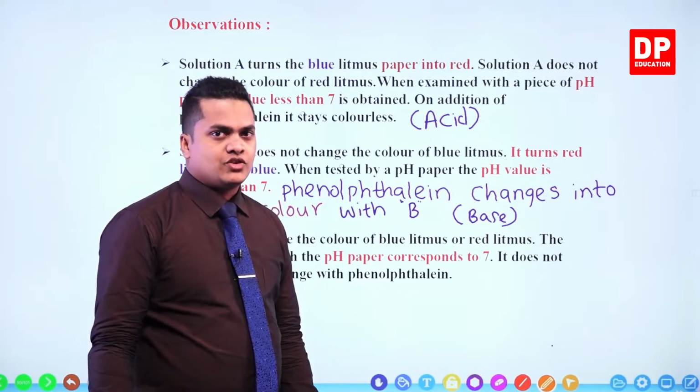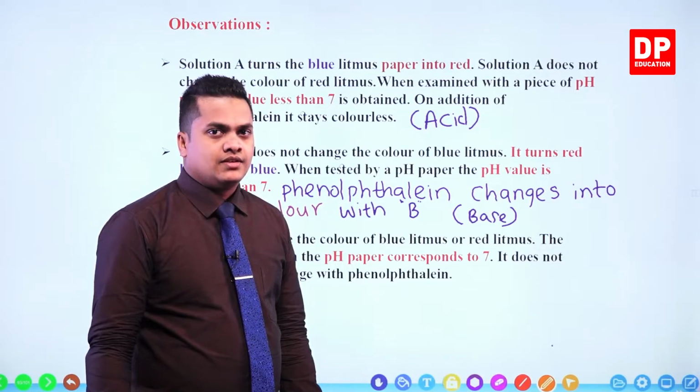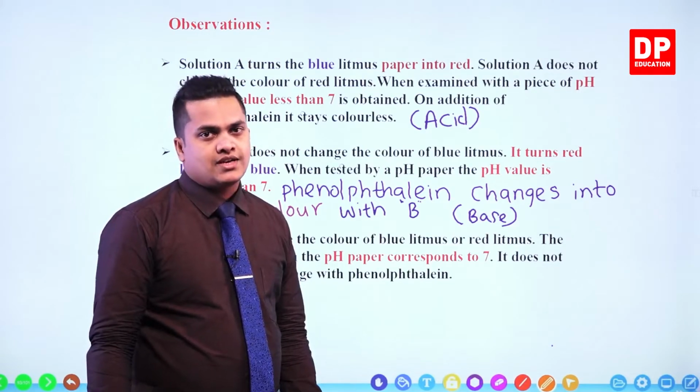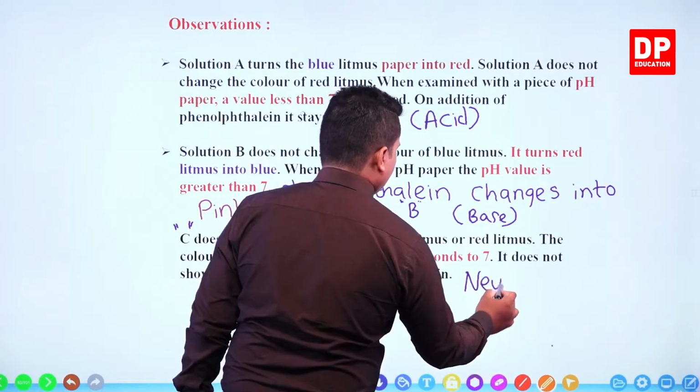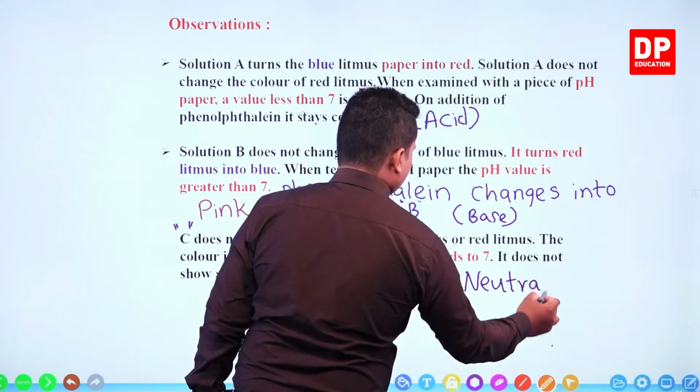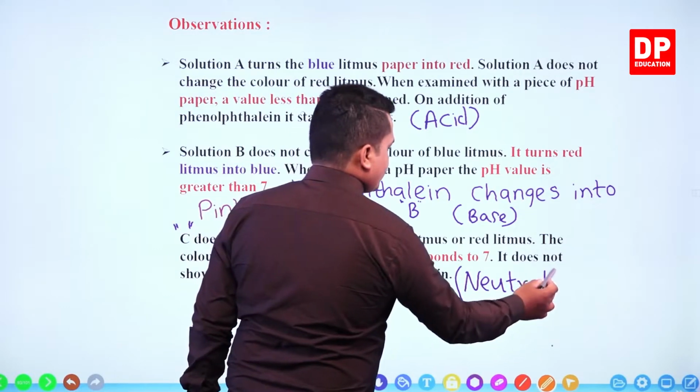With phenolphthalein there is no color change, right? So we can say that the C solution, or the C vessel, contains a neutral substance. So this is neutral. So acid, base and neutral.